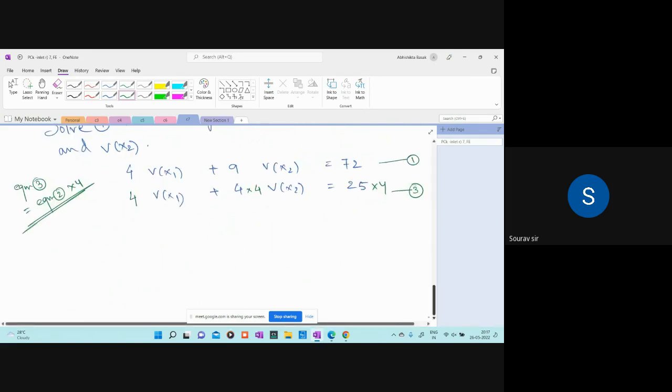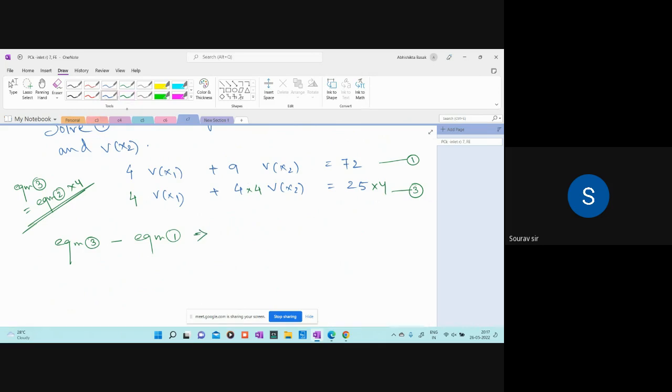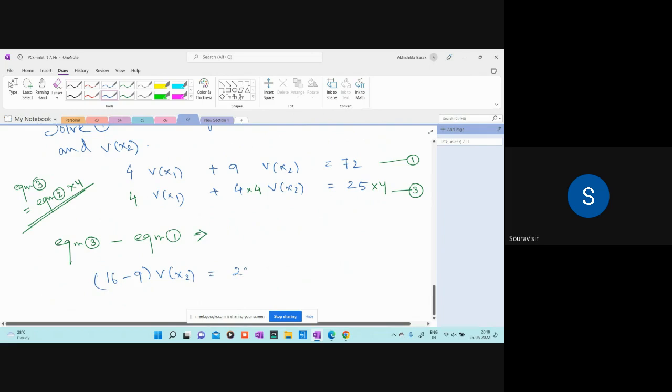Now what I am doing is equation 3 minus equation 1. That gives me 16 minus 9 variance of X2 equals 25 into 4 minus 72.